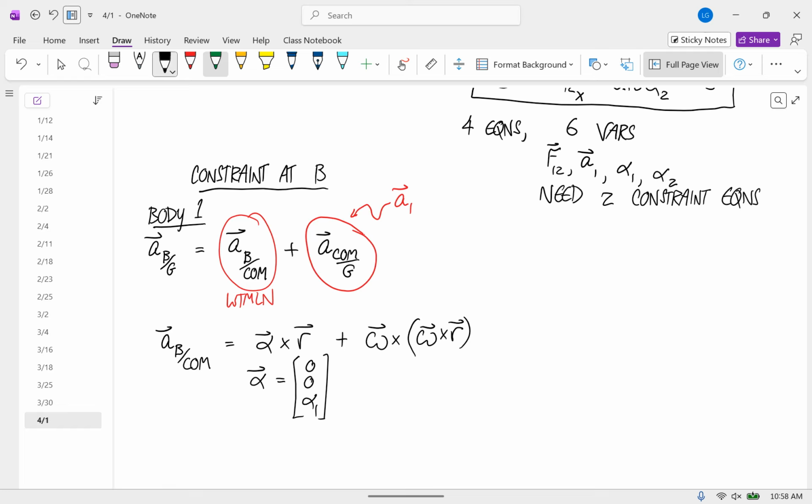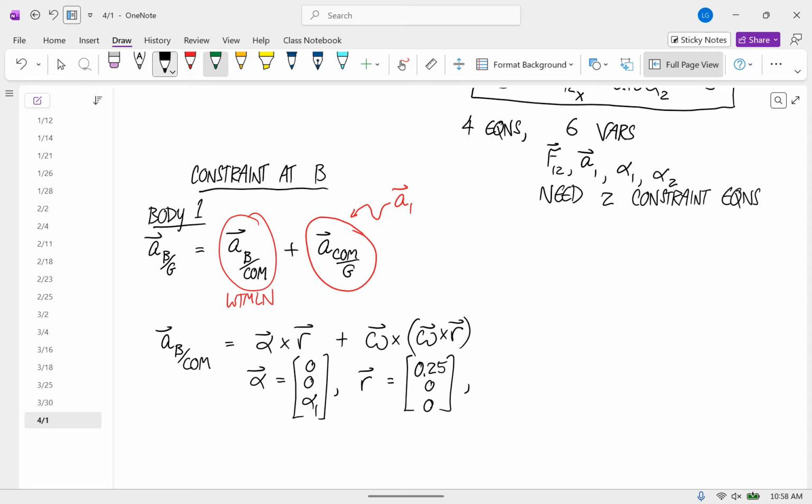That's the variable we've already defined. Our R vector is from the center of the circular motion to the point we care about. So in this case, that's from the center of mass to the point B. So this is going to be 0.25, 0, 0. Body 1, yeah. So first we're doing body 1 here.